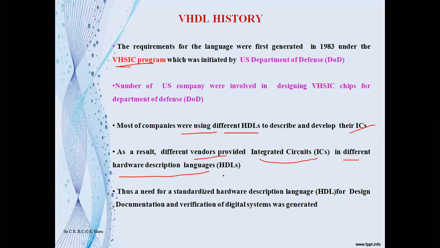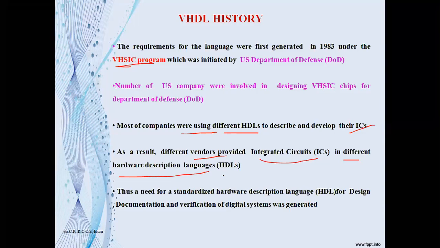From the point of view of the vendors, if they wanted to reproduce any of the obsoleted devices, it was a problem, because one company uses one hardware description language and another company uses another. So there was a problem of reproducing the devices.